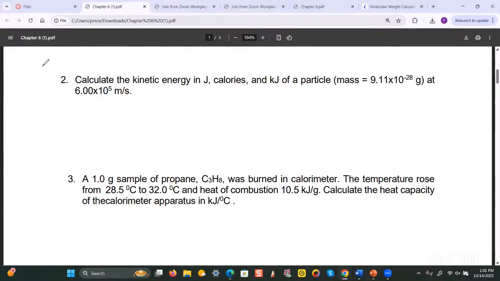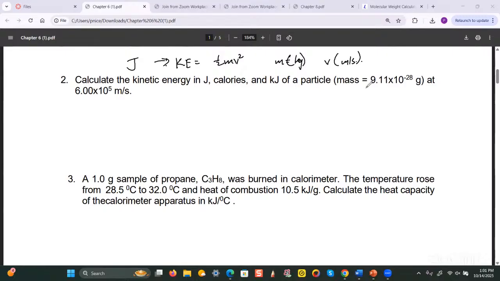So the formula that you're going to use is kinetic energy is equal to half mv squared. If you remember, m is the mass in kilograms, and the velocity would be in meters per second. And if you use those units, then kinetic energy would be in joules.